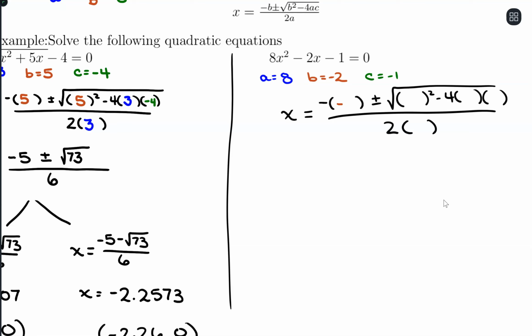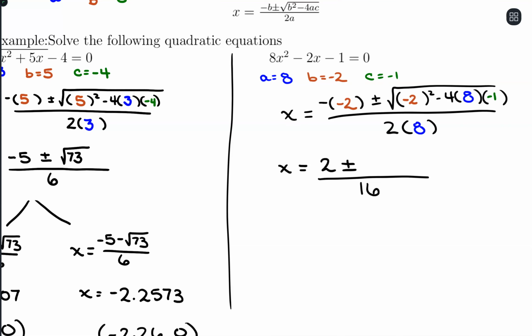So we're going to have a negative negative 2, and negative 2 in parentheses squared. We're going to have negative 4 times 8 times negative 1, and then in the denominator 2 times 8. All right, so simplifying. A negative negative 2 is a positive 2, plus or minus. In the denominator, 2 times 8 is 16.